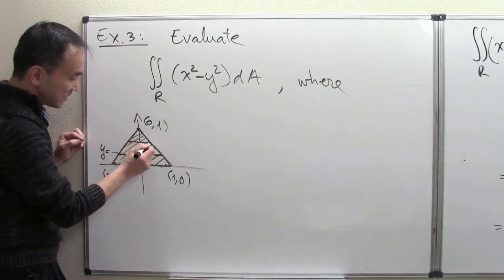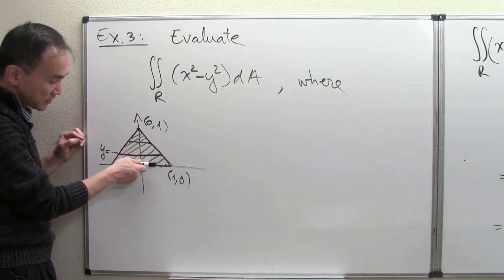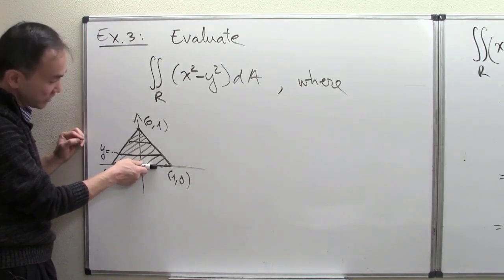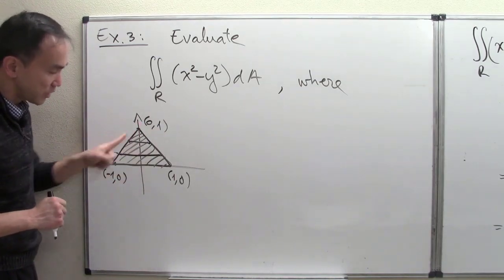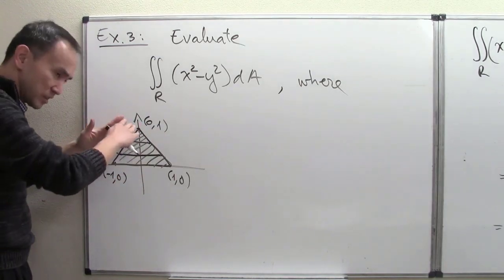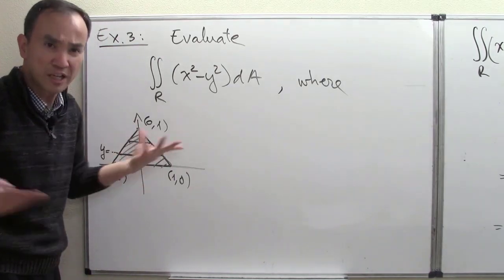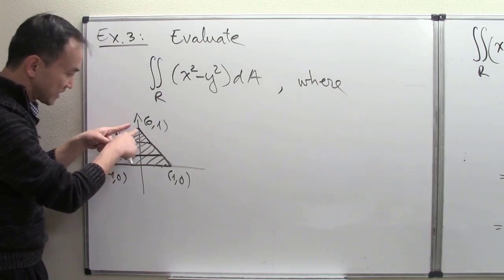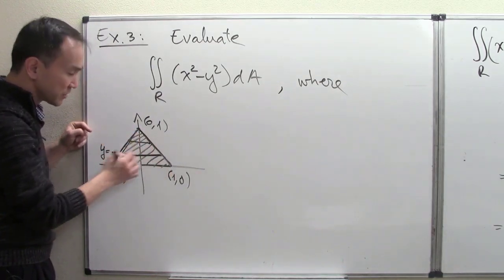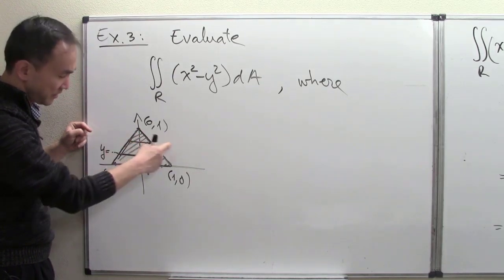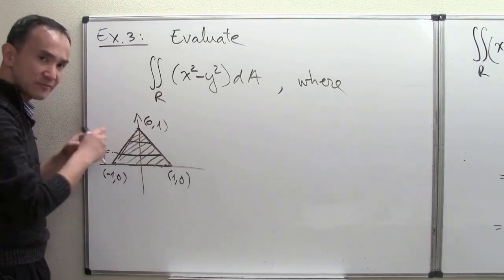The lowest stripe is y equals 0, and the highest one up here is y equals 1. So what are the 2 edges here? It's just a nice description of a triangle, and right from the beginning it didn't even come with equations. So now it's our responsibility to find the expressions in terms of y for the right edge and left edge.